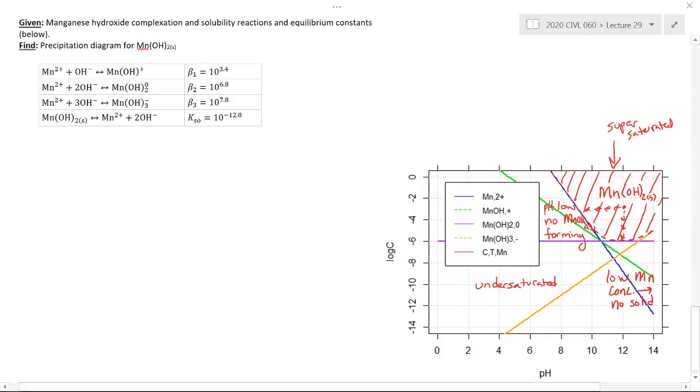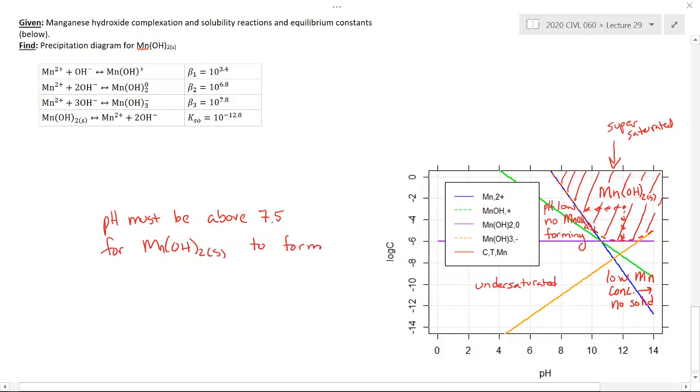Just looking at the graph, it looks like the pH must be above 7, maybe about 7.5, for manganese hydroxide to form.